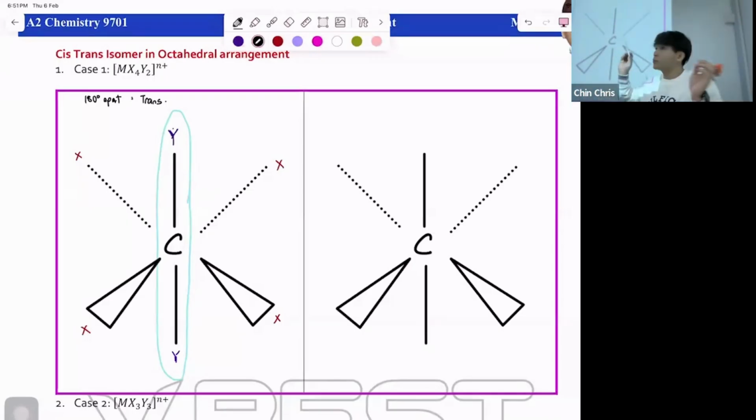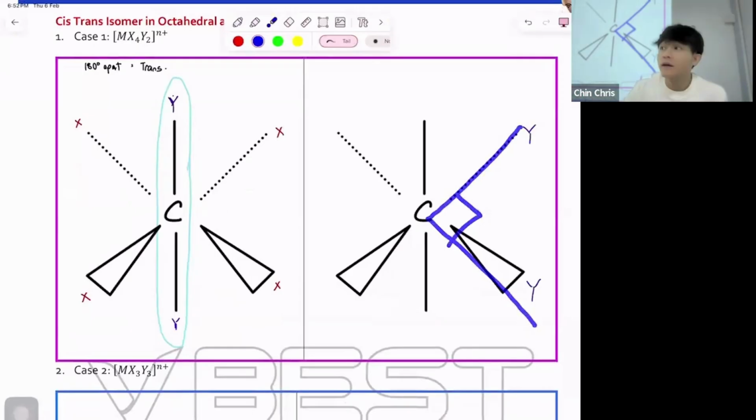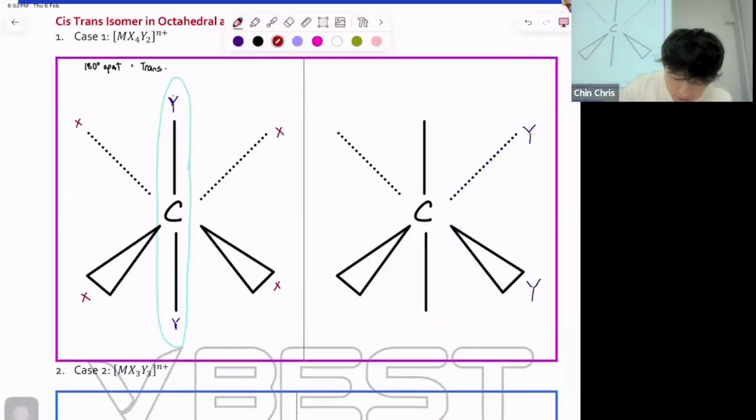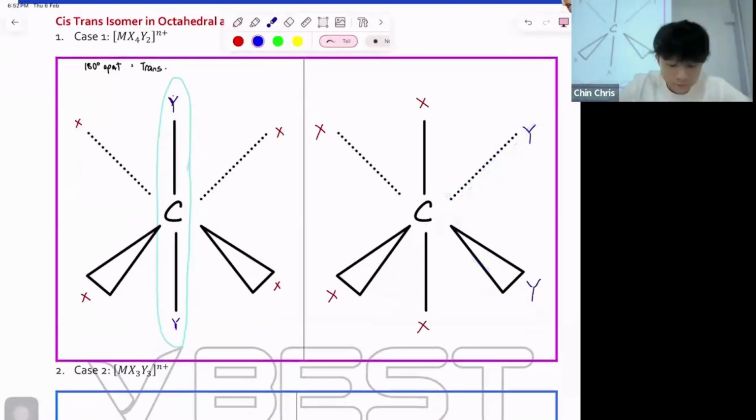Remember, you can put anywhere you like. So I'm just gonna put it here and here. Do you see a 90 degree? Yes. And remaining, just put Cl all the way. Done. Do you see that similar ligand 90 degree? Yes. This is a cis arrangement. Easy. Clear.